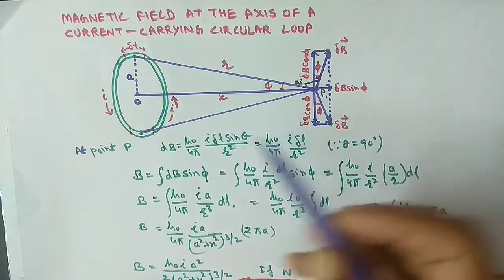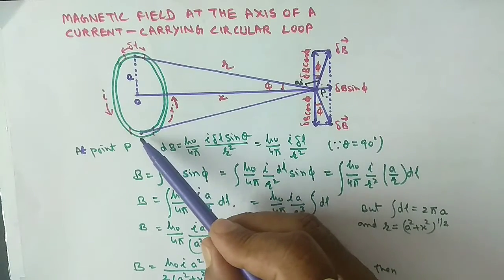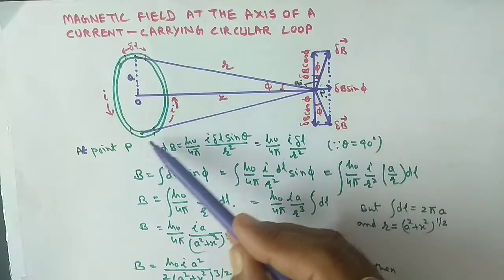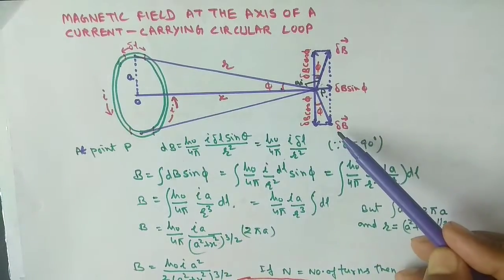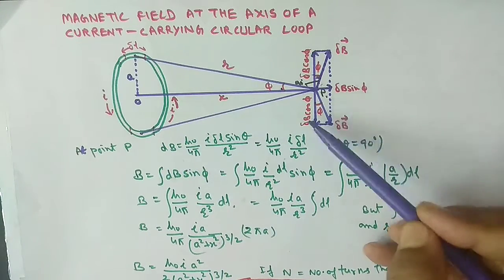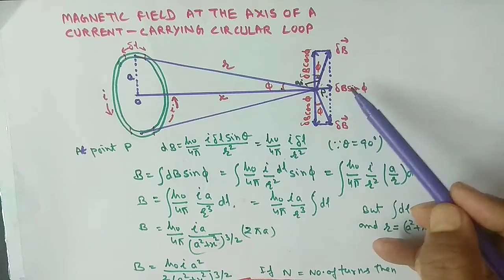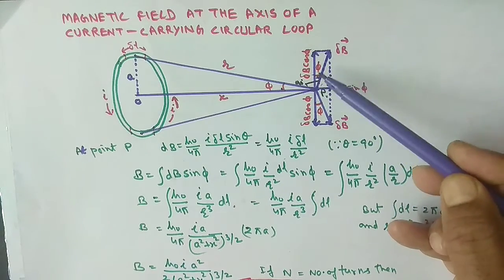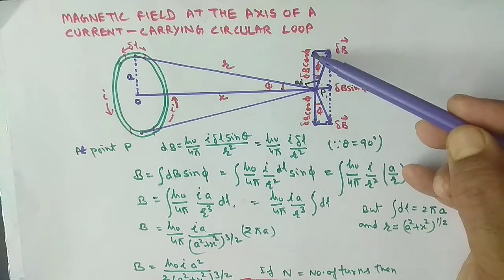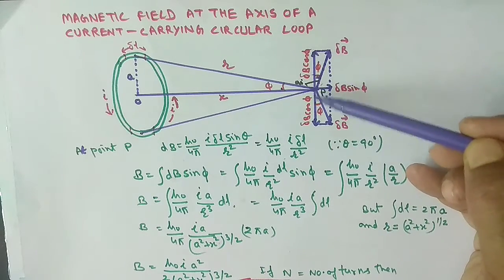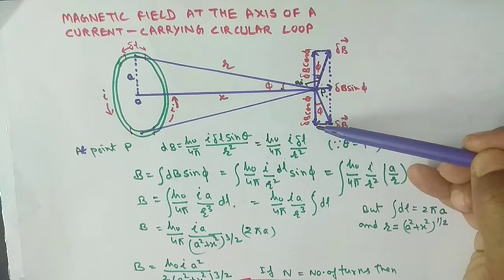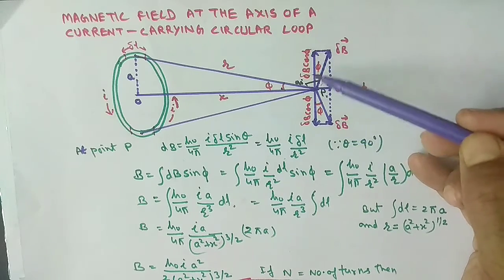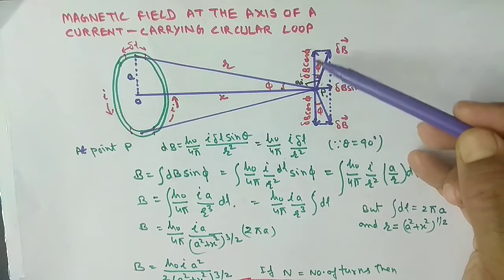Clear? Now if we consider another just opposite part of this portion dL, the same thing you will find here, and again the vertical and horizontal components. If you see clearly, the dB cos phi of this side is equal and opposite to the dB cos phi of the other side, so both will be cancelled, because this is a vector quantity in opposite direction.